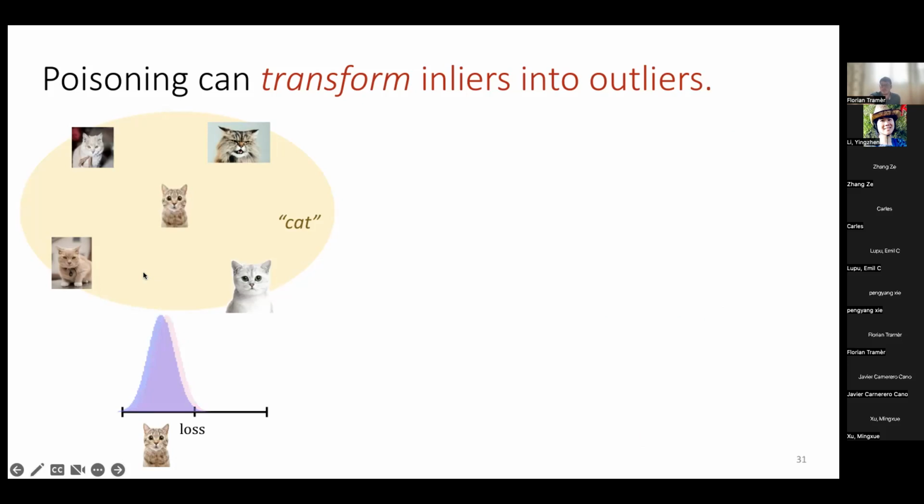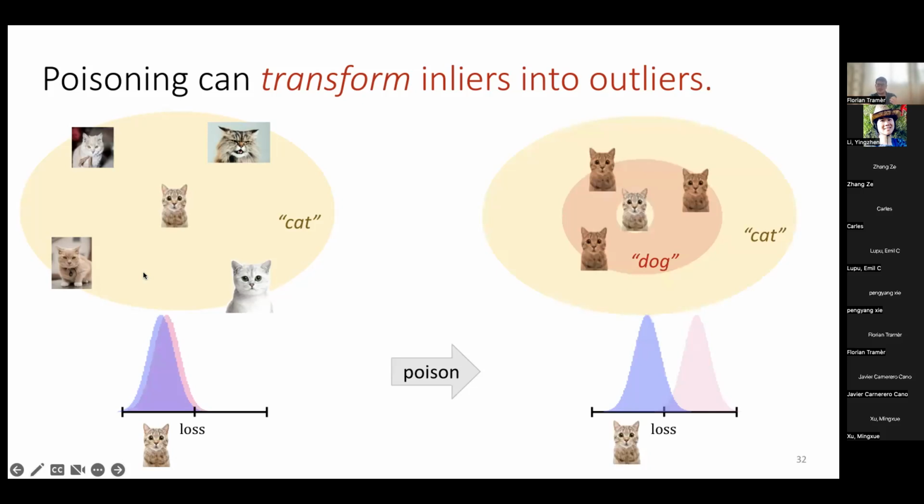But now what we're going to do with poisoning is transform this inlier into an outlier so that membership inference becomes easier. The way we do this is by taking the image we're targeting, this specific cat image, and poisoning the model by injecting very similar images that are mislabeled, say as a dog. And so now the model is going to learn that this cat should be labeled as a dog.